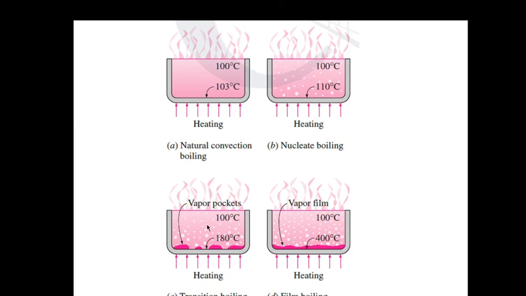You see that this temperature is 180 degrees Celsius and this temperature is 400 degrees Celsius. The difference between those two is very large. When this film is created, the condition is called film boiling.